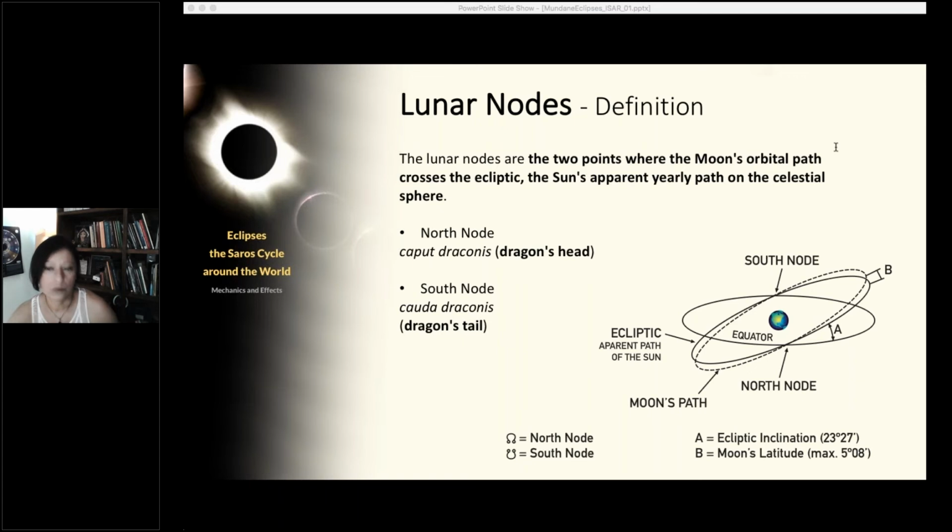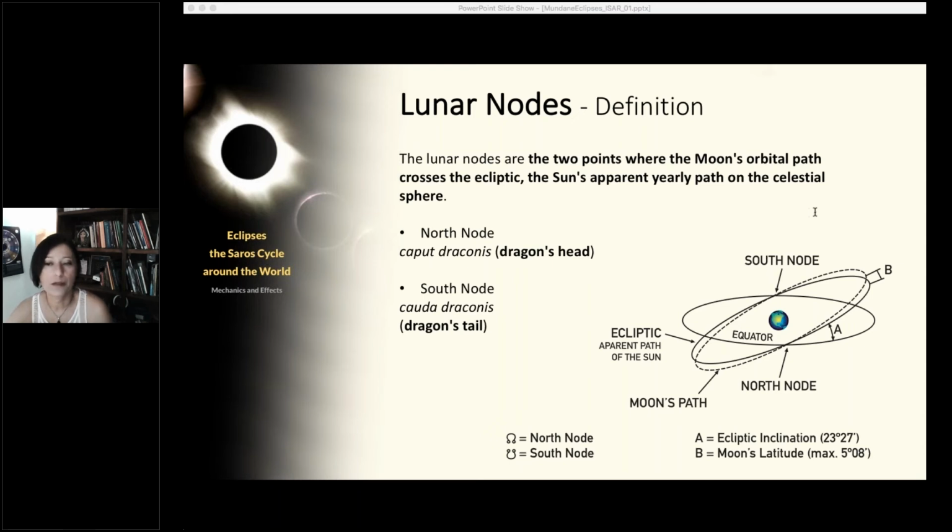Let's first define what are the lunar nodes. They are also known as the dragon's head or tail. The lunar nodes are the intersection point between the moon's path and the ecliptic, the sun's apparent path from Earth. And because the moon has this inclination of about 5 degrees, not all full or new moons are eclipses.